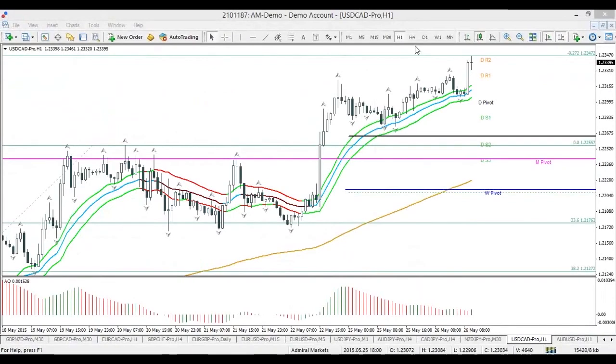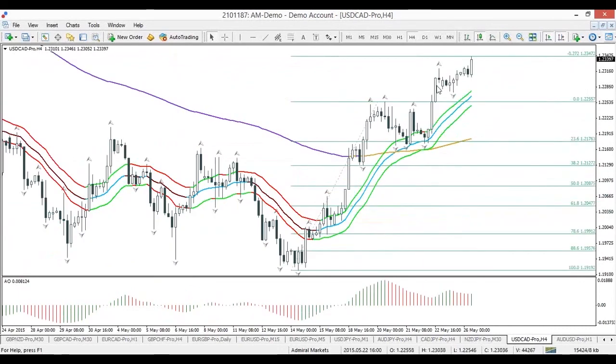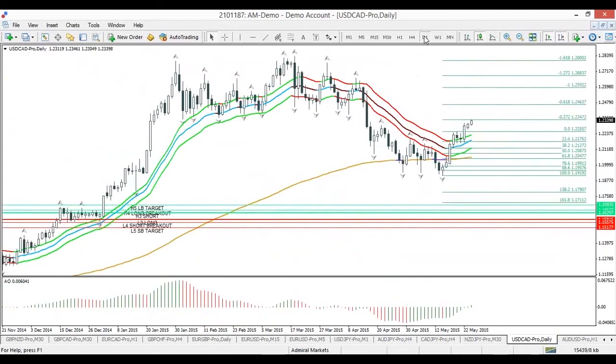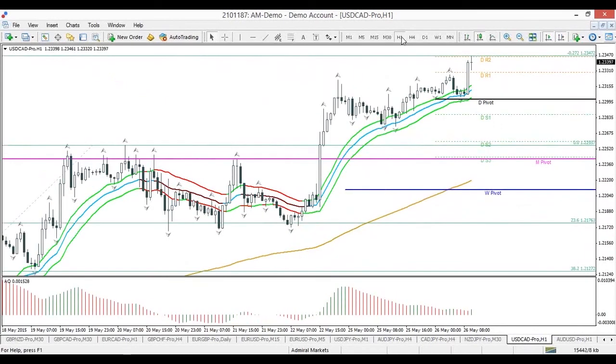Anyhow, back to the dollar CAD. Dollar is moving to the upside here as well. Very shallow fib bounce. Looks like a good breakout trade to the upside, but at the moment I think that the targets are too close, so I wouldn't be really trading the dollar CAD at the moment.